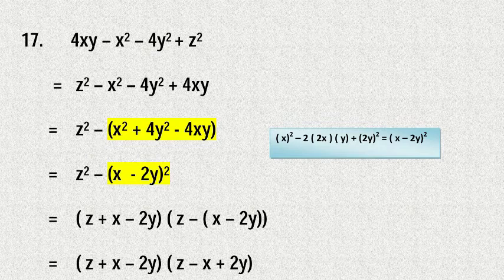A plus b value is z plus x minus 2y. A minus b value is z minus of x minus 2y. So in the next step, a minus b will be written as z minus x plus 2y.